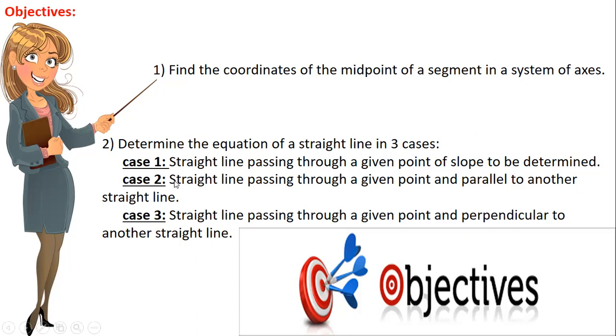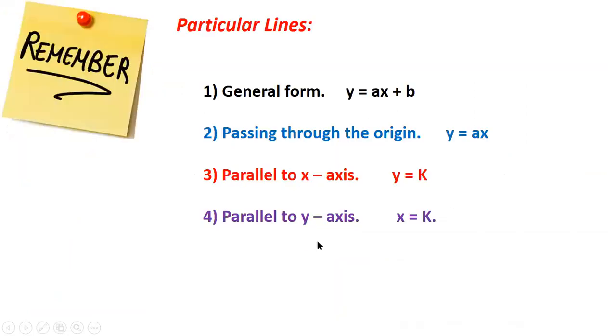Case 2, determine the equation of a straight line passing through a given point and parallel to another straight line. Case 3, the equation of a straight line passing through a given point and perpendicular to another straight line. So these are the objectives of this week.